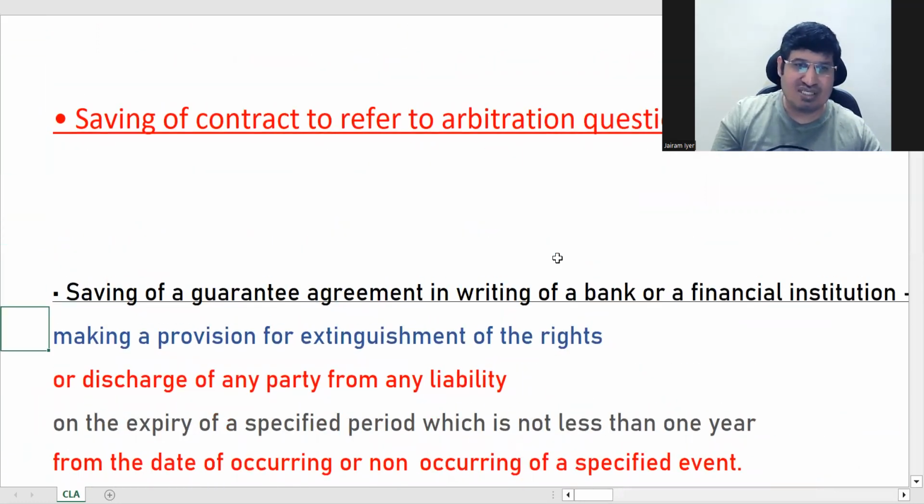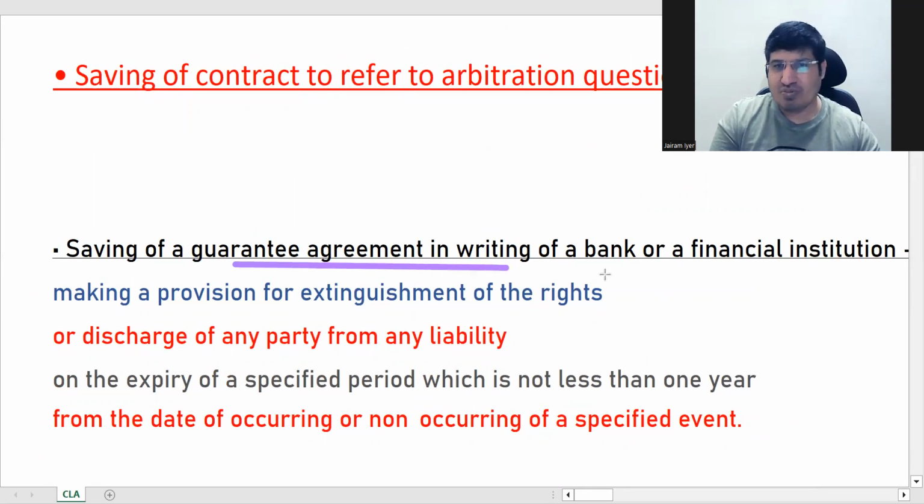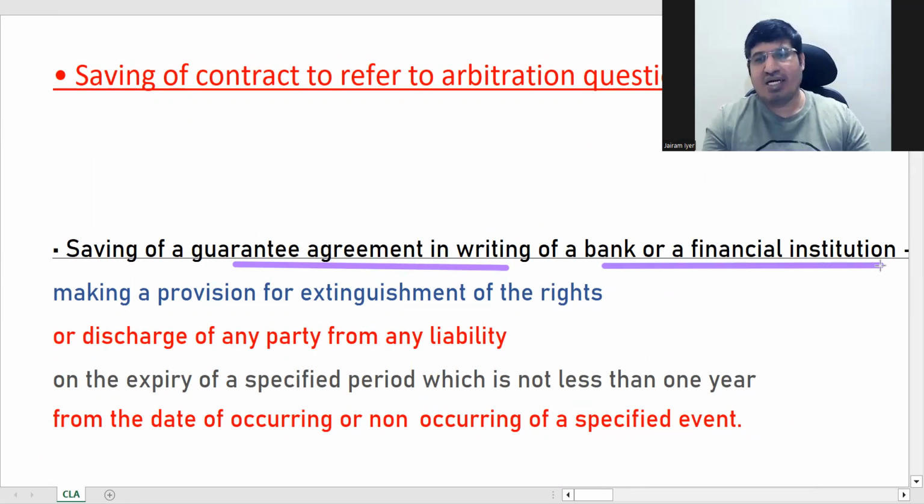What this says is, guarantee agreement. Banks many times enter into guarantee agreements, they give guarantees. Guarantee means if a party defaults, then they will pay for it. That is called a guarantee agreement.